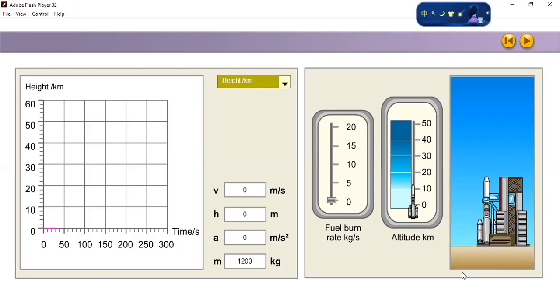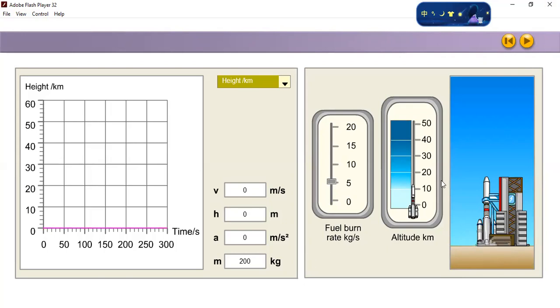The rocket will launch. So now if the fuel burn is 5 kg per second, what happened? Nothing happened, although it's burning, because the momentum produced is not enough. The momentum produced is smaller than the momentum of the rocket.